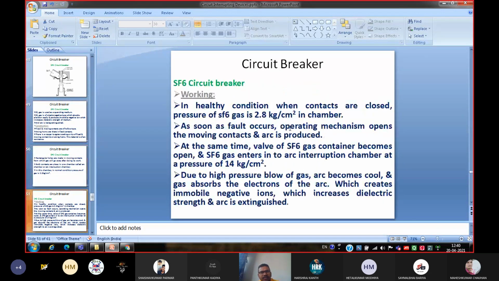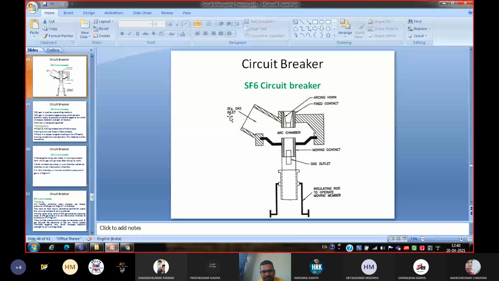So at this time, when the fault occurs and the contacts become separated, at the same time, the valve of the SF6 gas container becomes open. Here is the inlet valve.